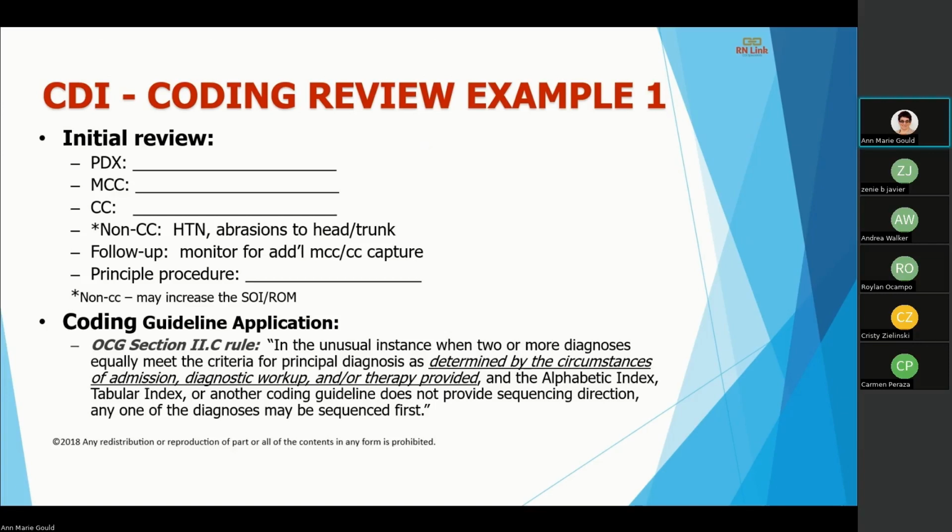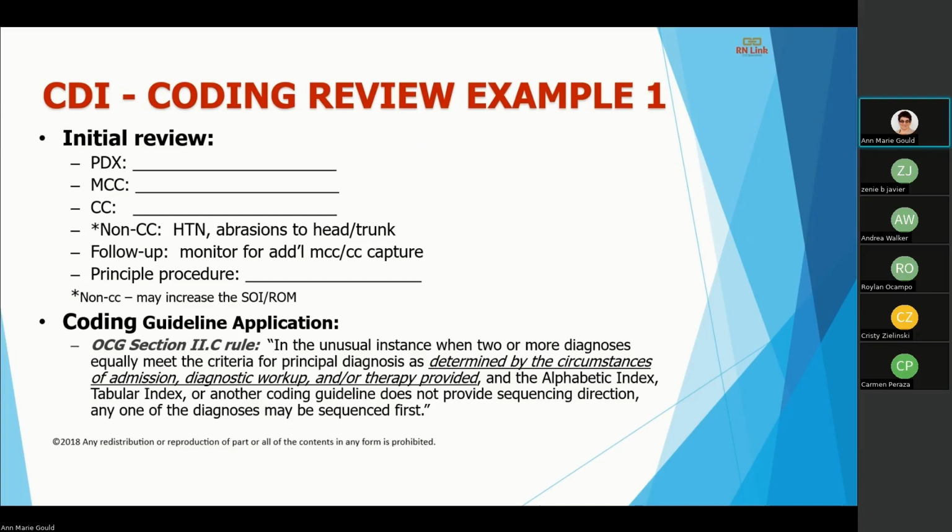Okay. So I put in here a coding guideline application from OCG section 2.c rule. In the unusual instance when 2 or more diagnoses equally meet the criteria for principal diagnosis, as determined by the circumstances of admission, diagnostic workup, and/or therapy provided, and the alphabetic index, tabular index, or another coding guideline does not provide sequencing direction, any of these diagnoses may be sequenced first.